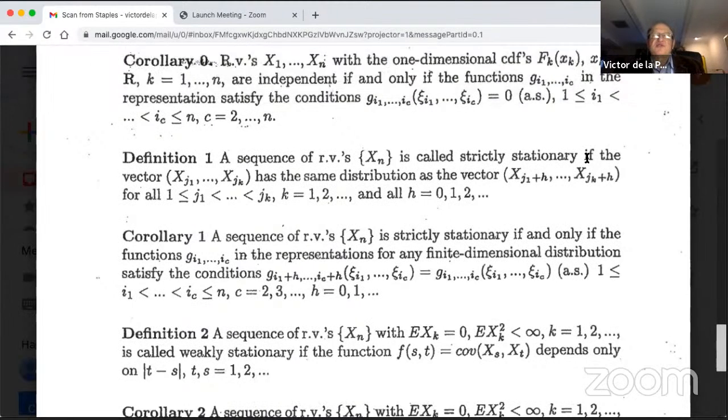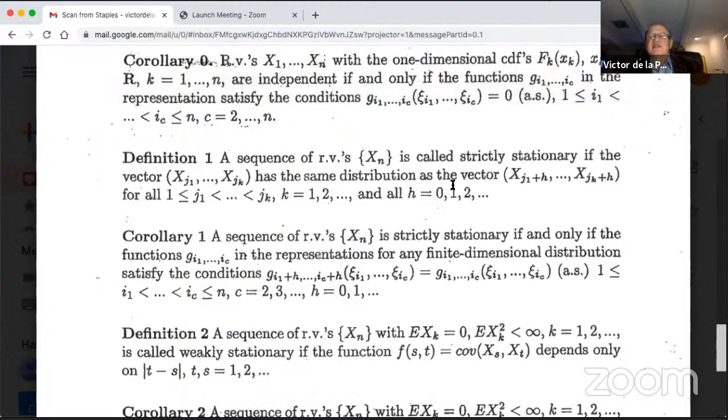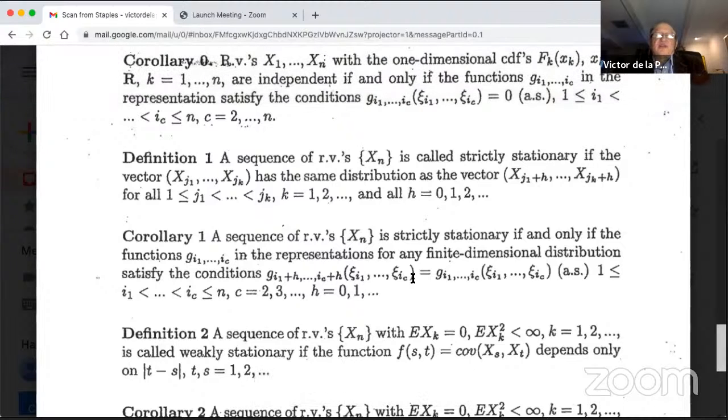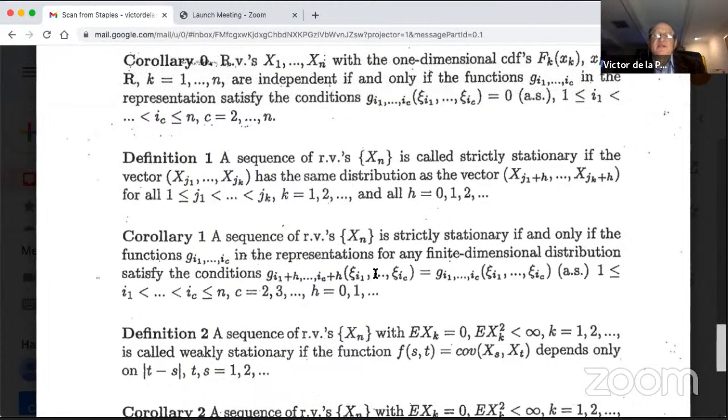A sequence of variables is strictly stationary if xj1 up to xjk has the same distribution as xj1 plus h up to xjk plus h. And because of the characterization, a sequence of random variables is strictly stationary if and only if the functions g sub I1 up to g sub ic satisfy this property.